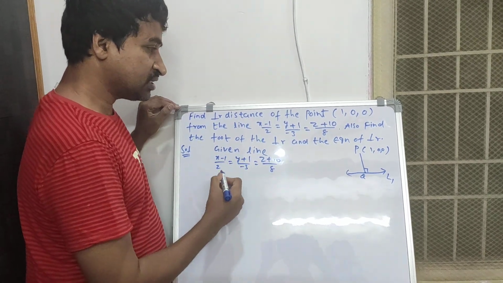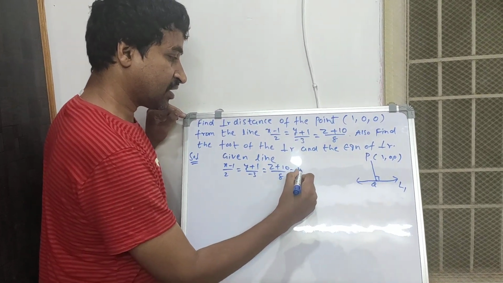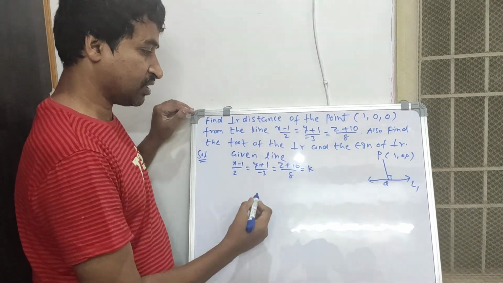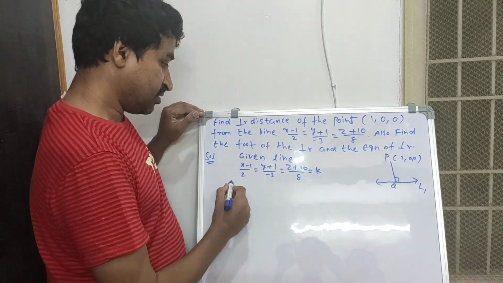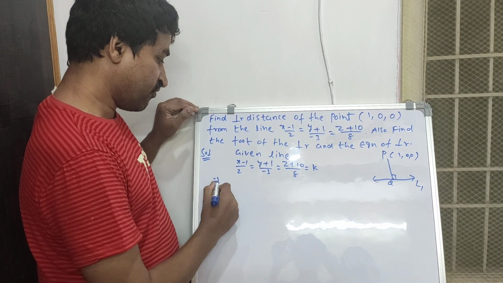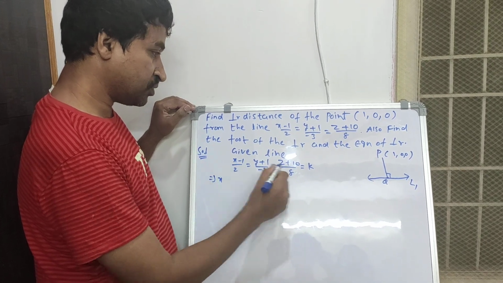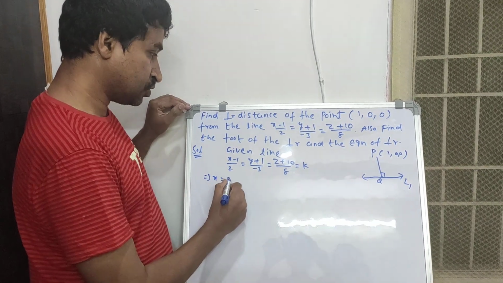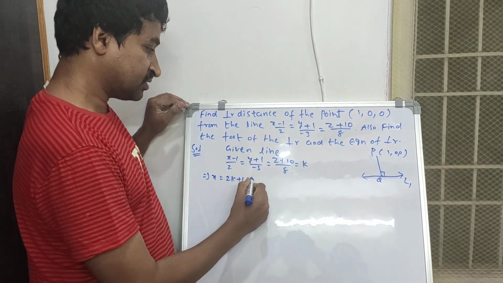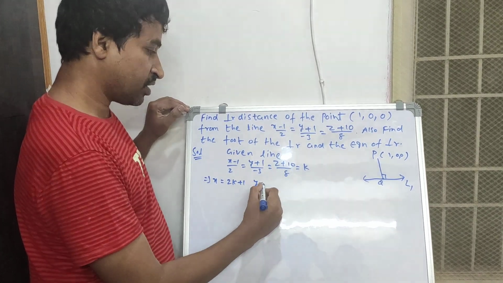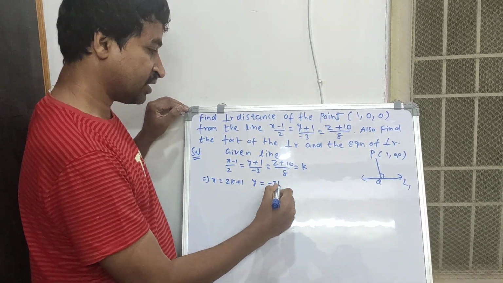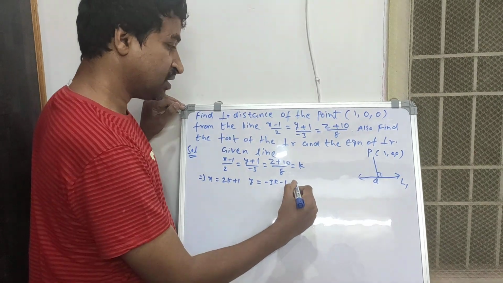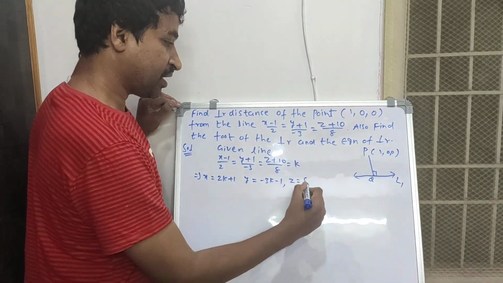So for any point on this line, take the ratio equal to k. Then (x minus 1)/2 equals k, therefore x is equal to 2k plus 1. Similarly, (y plus 1)/(minus 3) equals k, therefore y is equal to minus 3k minus 1. Similarly, z is 8k minus 10.